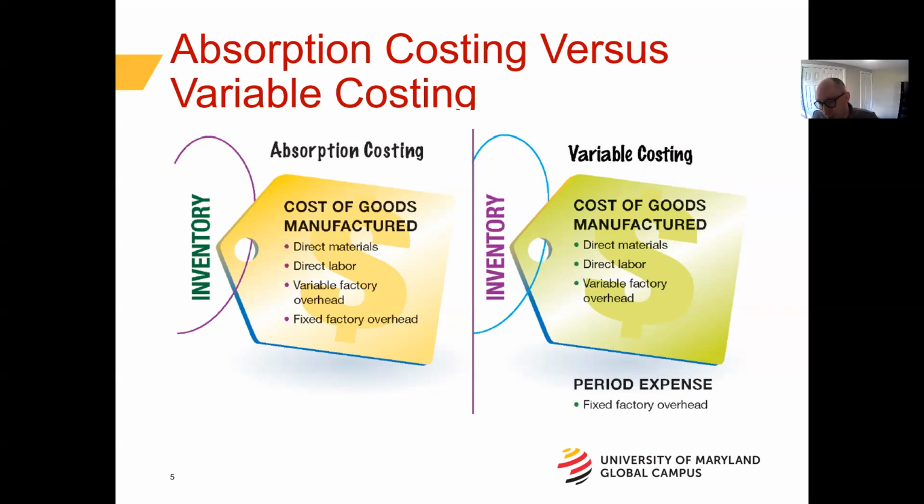We recognize that the fixed factory overhead is a period expense under variable costing. And to reiterate, the reason for this is that under variable costing, we recognize that variable factory overhead moves with the level of output, whereas fixed does not.